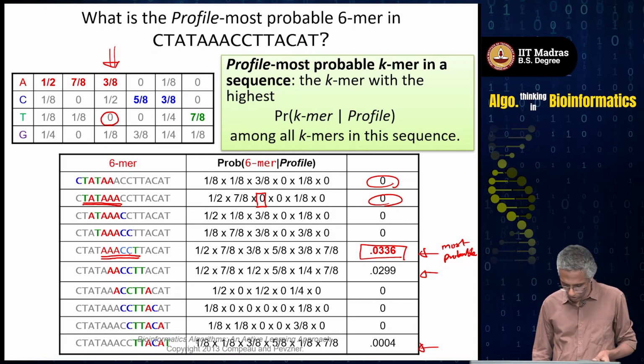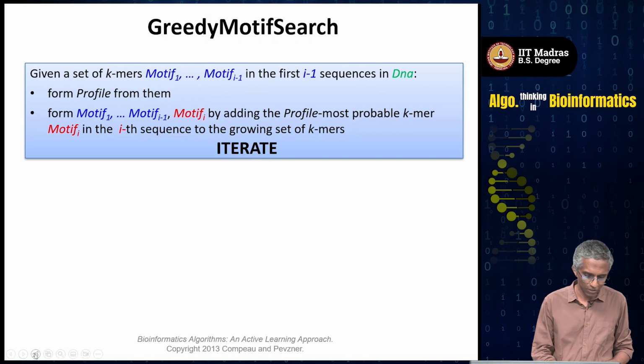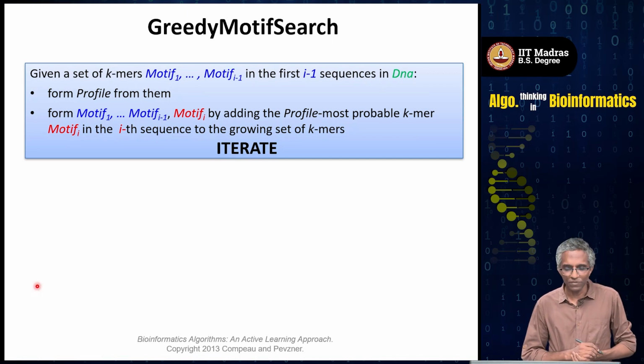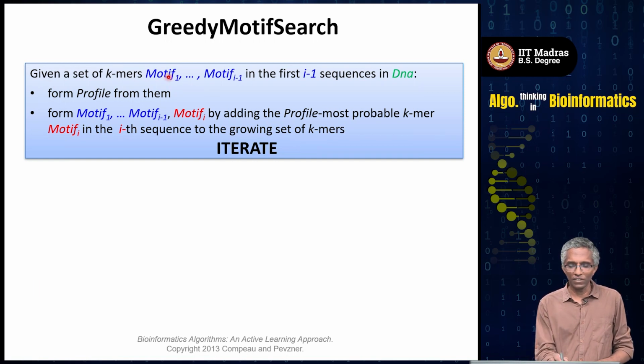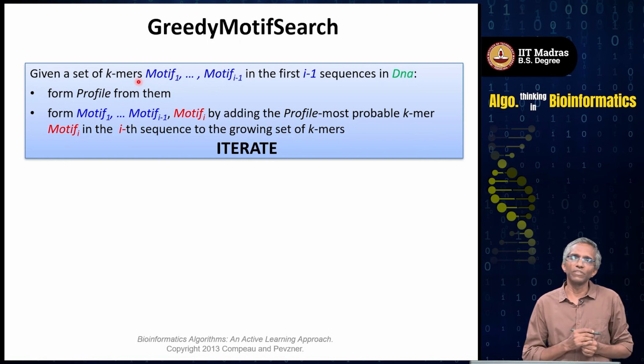Once you have that, you have a greedy algorithm that can figure out the best set of motifs in a given set of input sequences. So, you have T sequences, and you initialize by randomly setting the very first motif in the very first sequence.